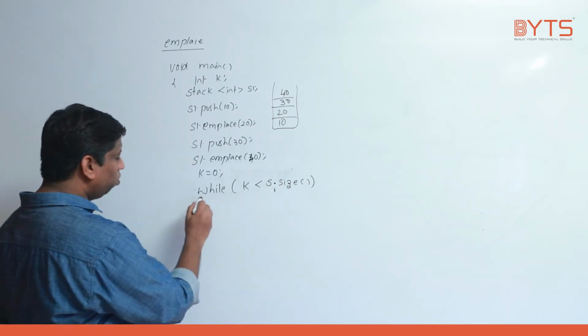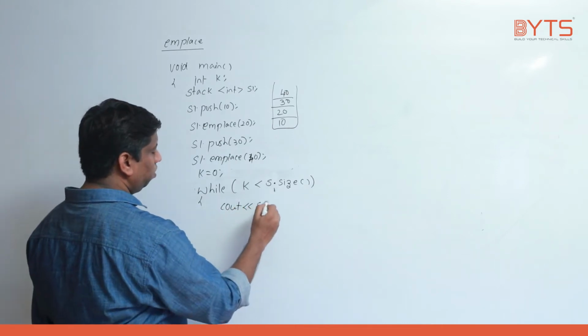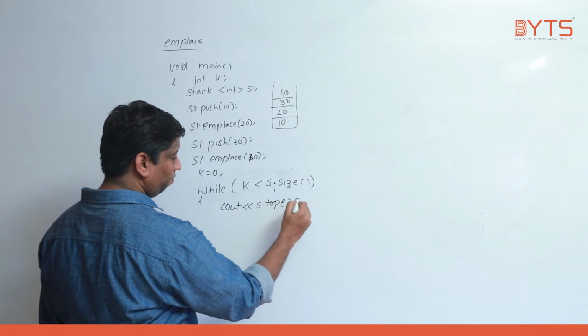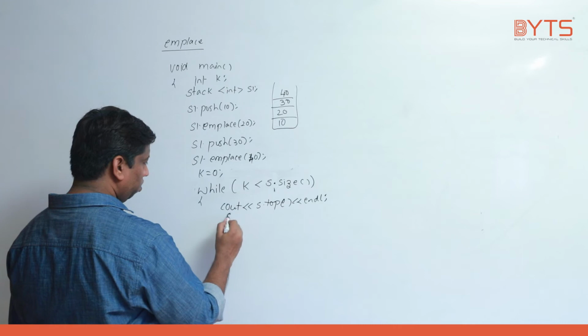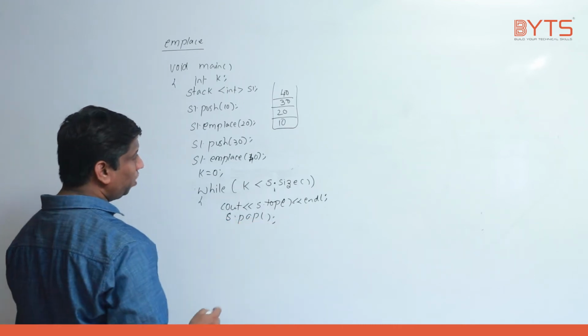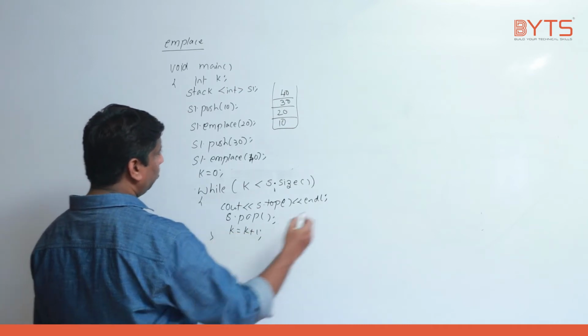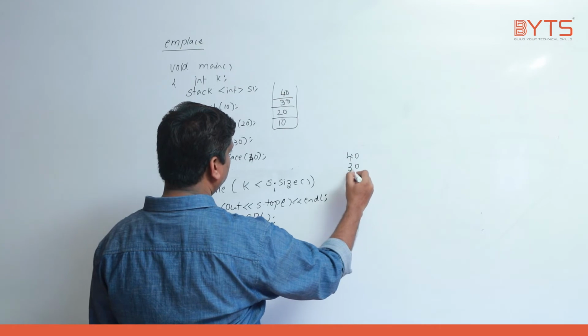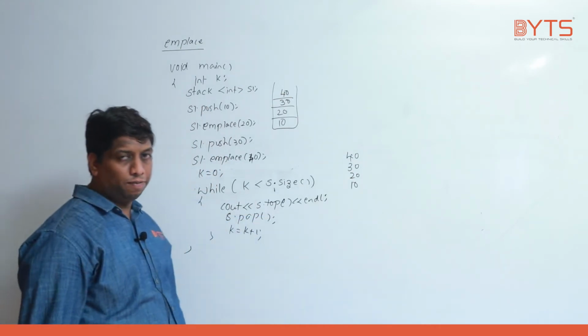Then cout s.top, endl. Next, s.pop. Next, k is equal to k plus 1. So what will be the output? 40, 30, 20, 10.